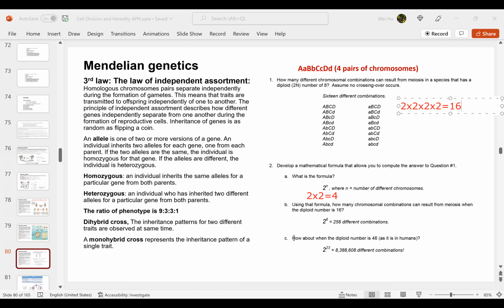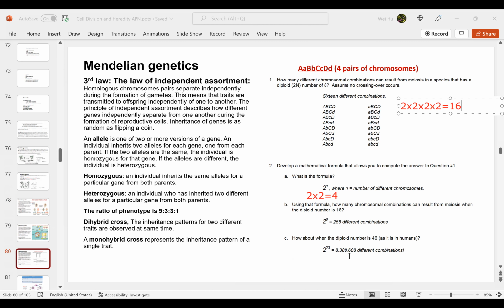So here you get 2 to the power of 8, you have 8 pairs. So you get this much. So if you have 23 pairs, then you have this much different combination. Plus you have crossover. So then theoretically, none of the human individuals are the same.